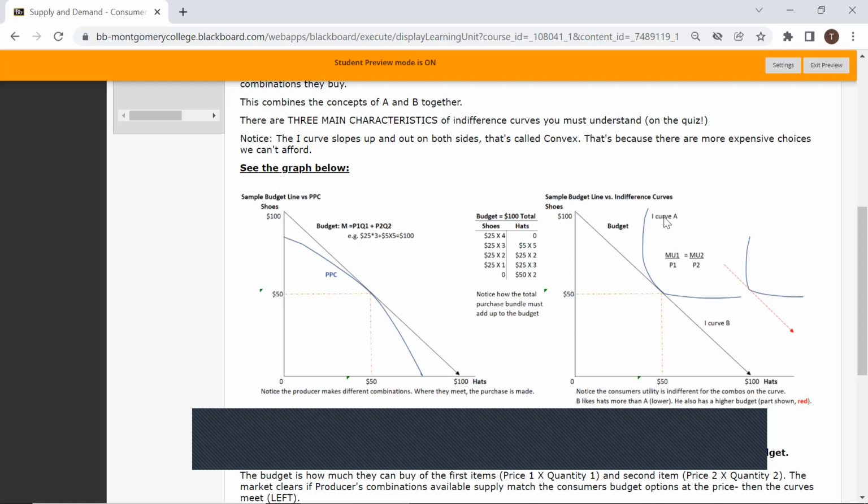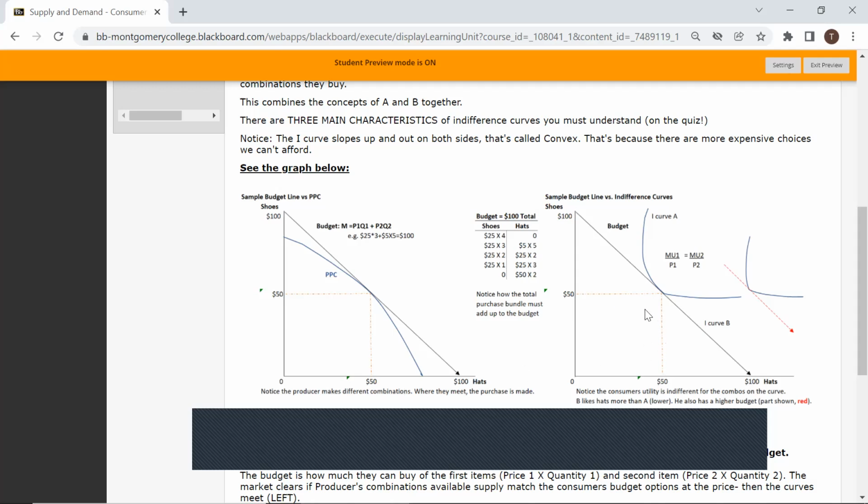I curve is the combinations that you're indifferent between one or the other combination. They're all good to you, but only one of them is going to be on your budget line that you can afford. So where these points meet, the budget with the PPC curve and the I curve with the budget, that's where you're going to buy, in this case, $50 worth of shoes and $50 worth of hats.